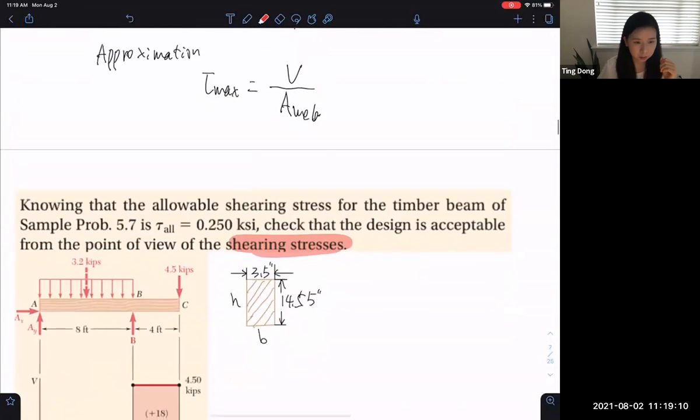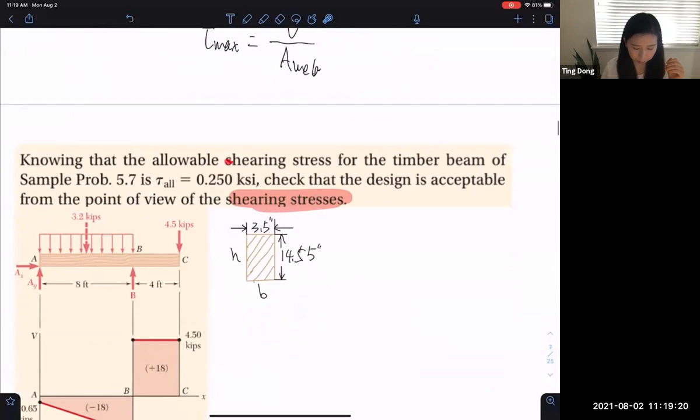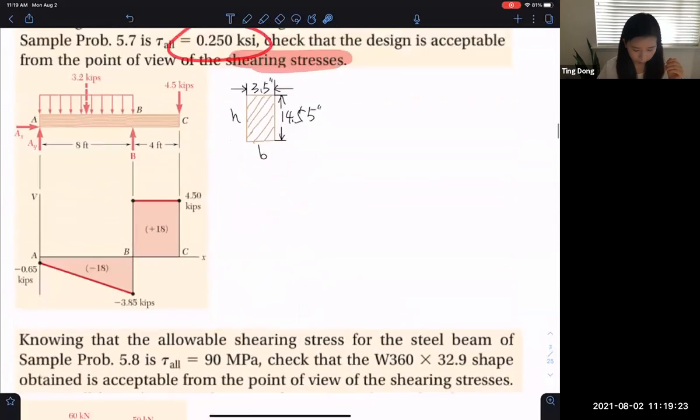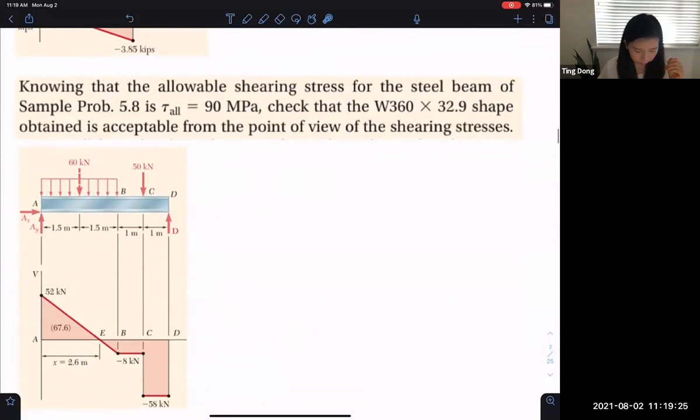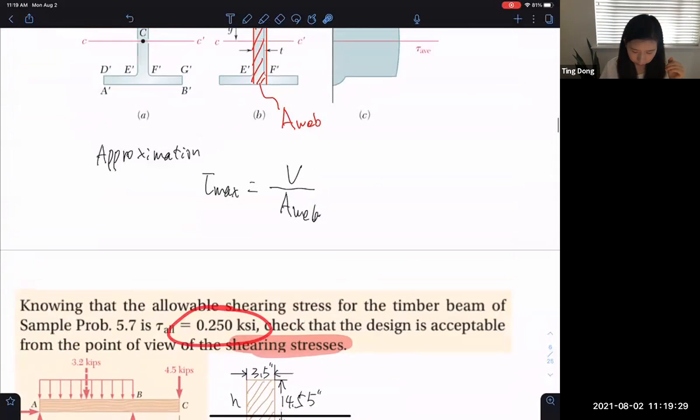This is the direct application of this equation. So you find out what the V is and you can calculate what A is, and that is the maximum shear stress, and you compare it with the allowable shear stress. And the same thing here, this is the direct application of this one.